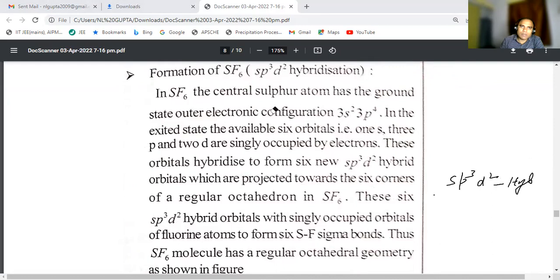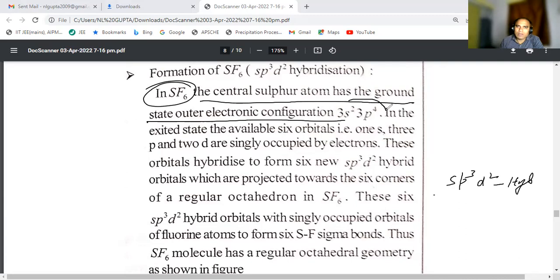SF6 is the example. The central sulfur atom has the ground state outer electronic configuration 3s2 3p4. Let me write it here.